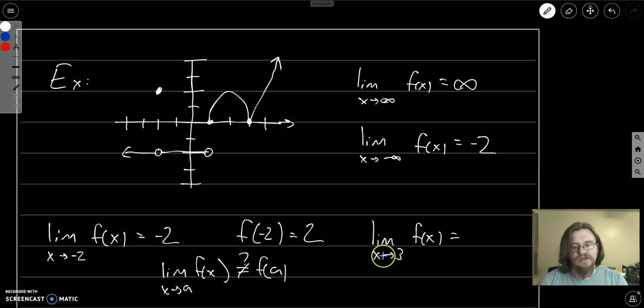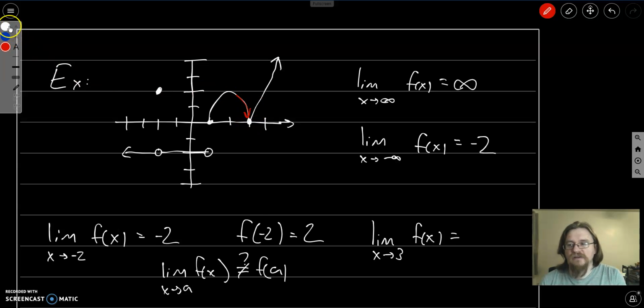And then the last one here, what happens as x approaches 3, and again, there's no plus or negative sign here, so we're just going to consider what happens as we approach 3. So as we approach 3, let's say from the left, we're going to follow this curved line, and we can see that we're just getting closer and closer to 0 here.